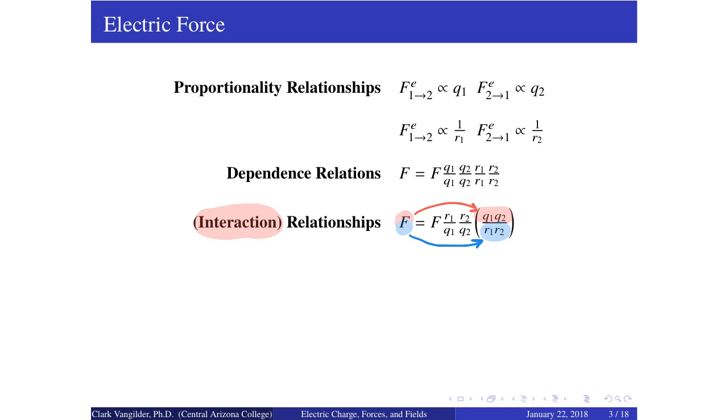So separating the variables like this puts the dependence relations more explicitly. So the dependence is now kind of bottled up in here.